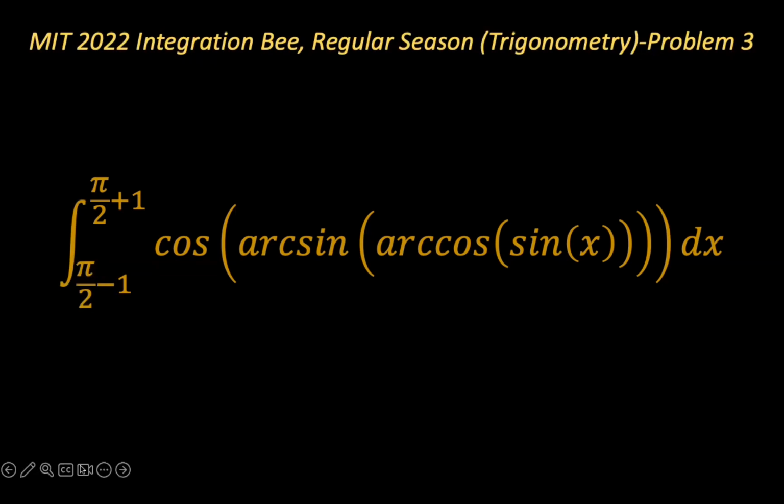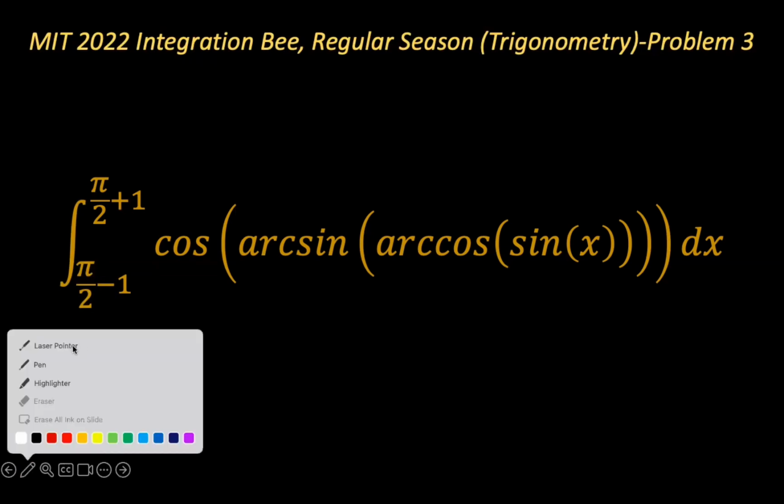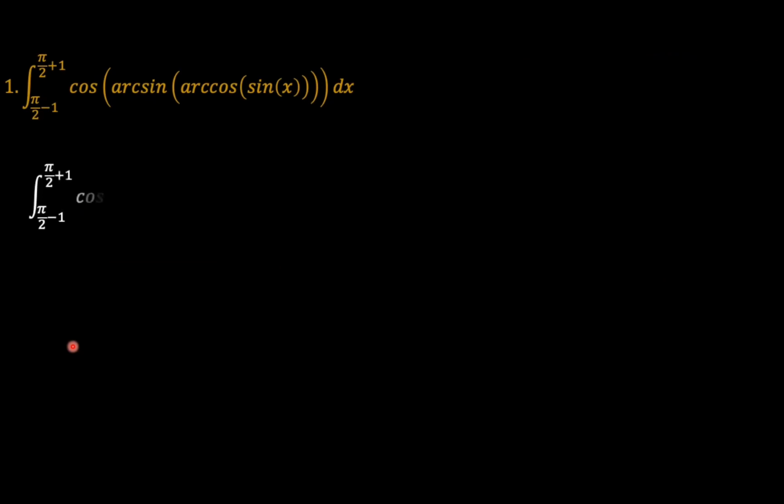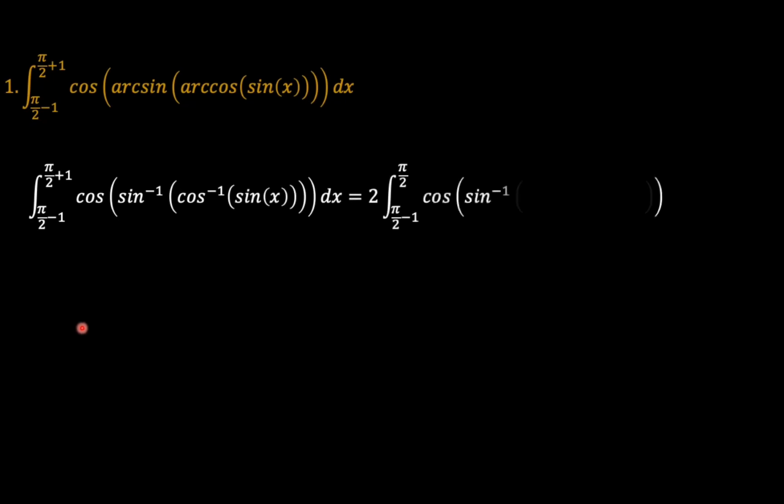So going on to the solution of the problem. This problem is obviously unique, and I do like to express the arc sine and the arc cosine in a different way, using the power of -1, because that's how I grew up learning how to express these functions.